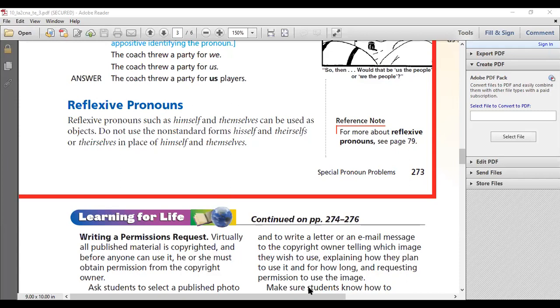Grammatically correct, we're going to use himself and themselves. In non-standard English, the incorrect way, there is no such thing as his self, and there is no such thing as their selves. Sometimes people use them, but they are grammatically incorrect and non-standard English, so please avoid using them.